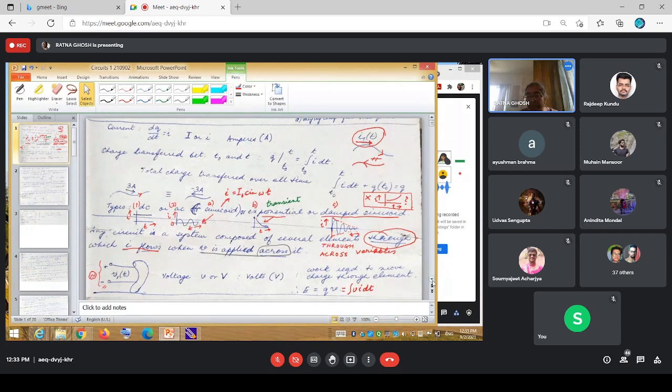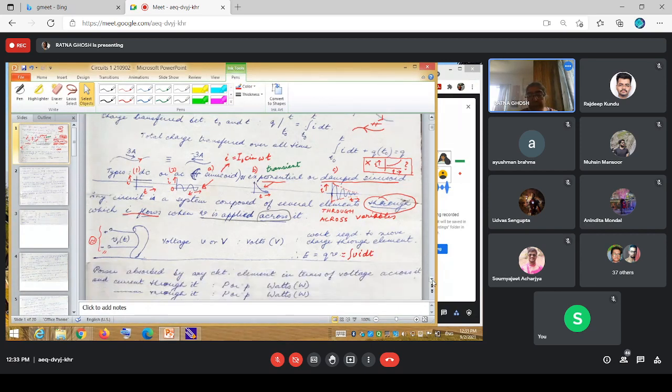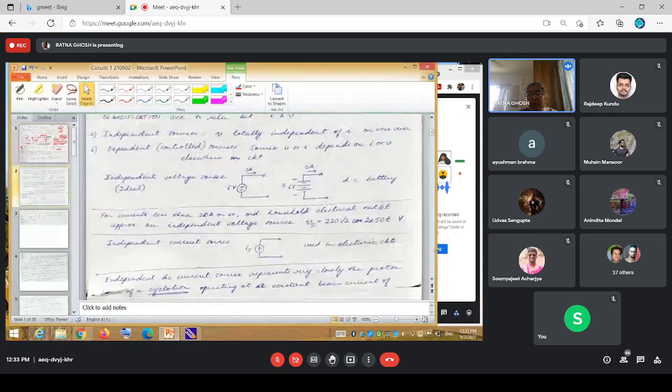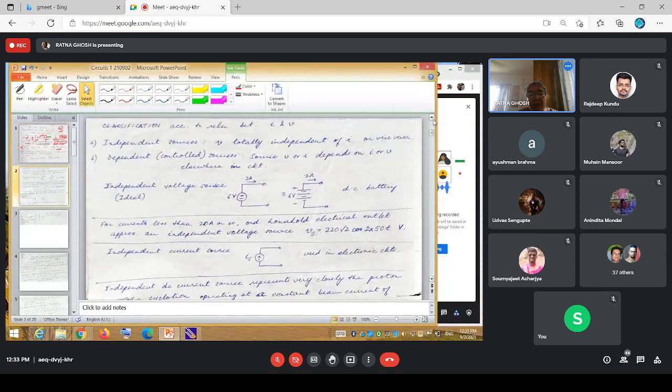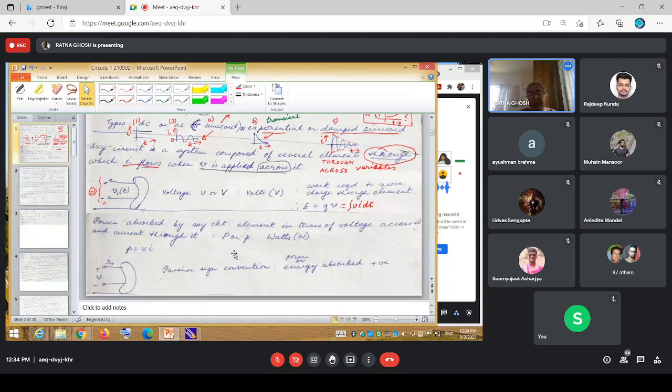Now, what is power? In electrical circuits, or rather in engineering sciences, since it's an application science and electrical mainly, unlike in physics, when we are talking about power, we are talking about power absorbed, not power delivered.